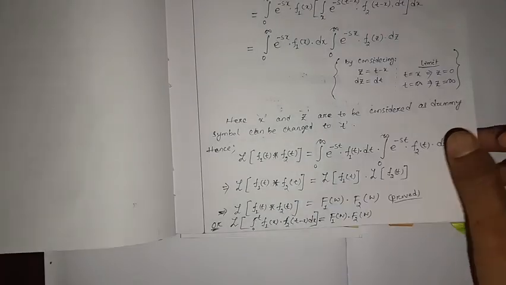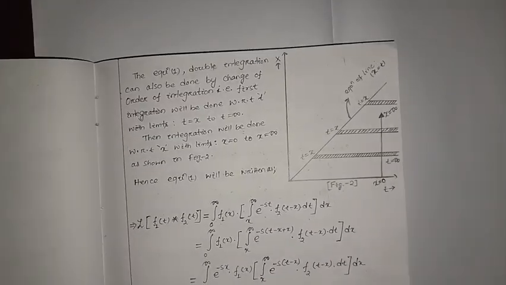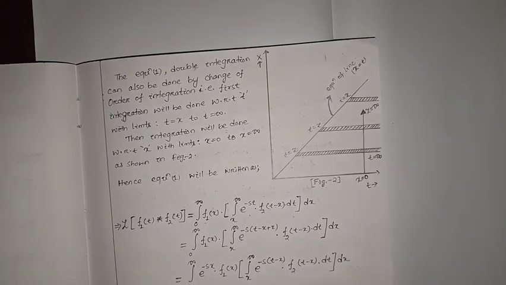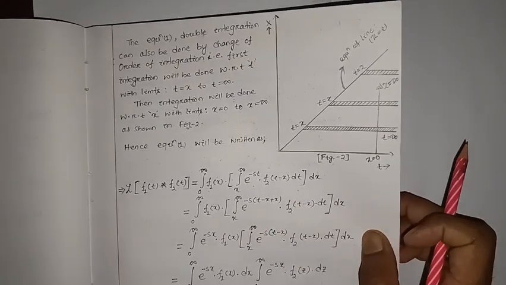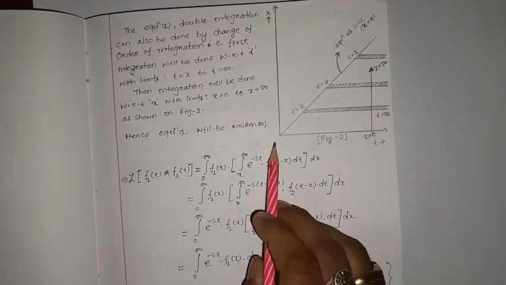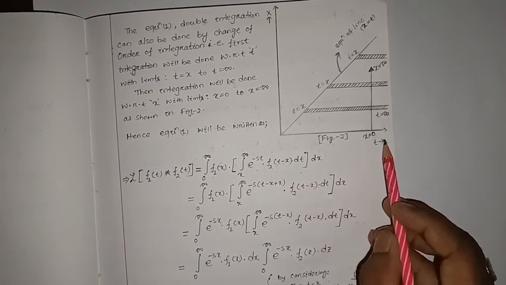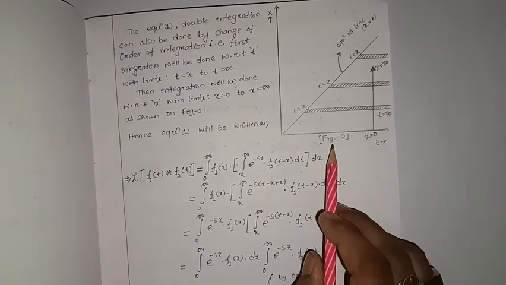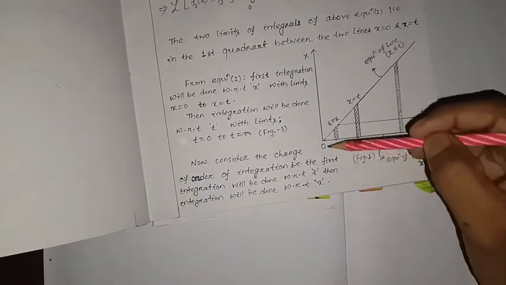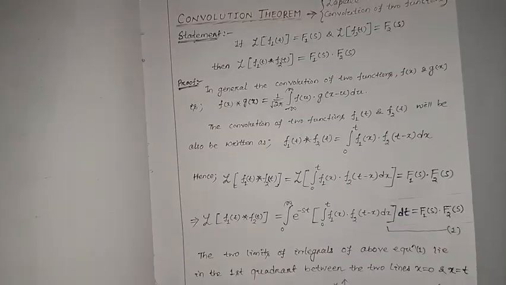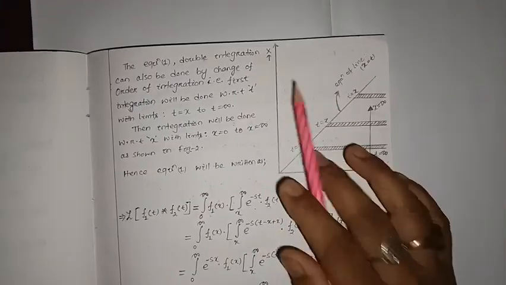Now I am going to consider the horizontal strips. I do not change the variable variations along the axes. I consider the variation of t along this axis, same as figure 1, and variation of x along this axis, also same as this figure.